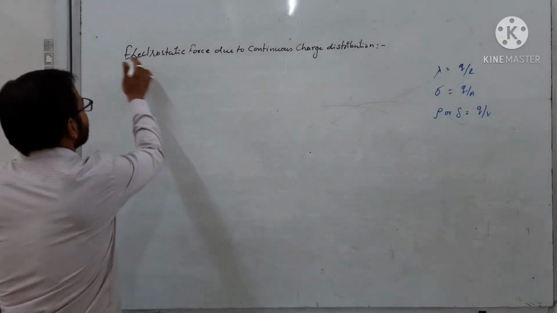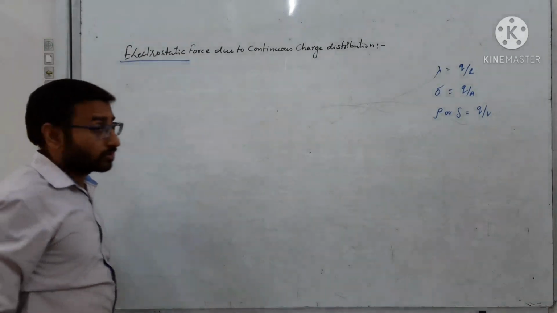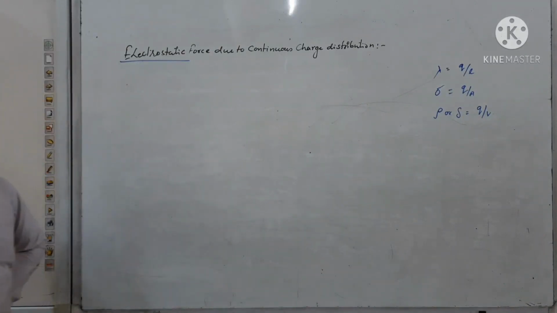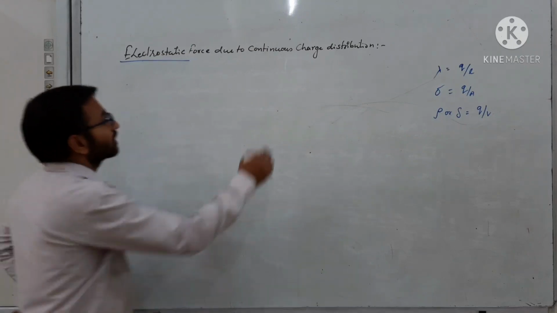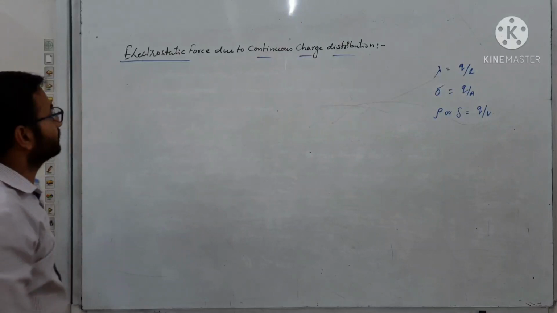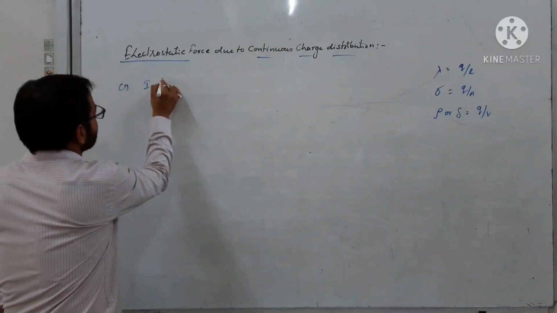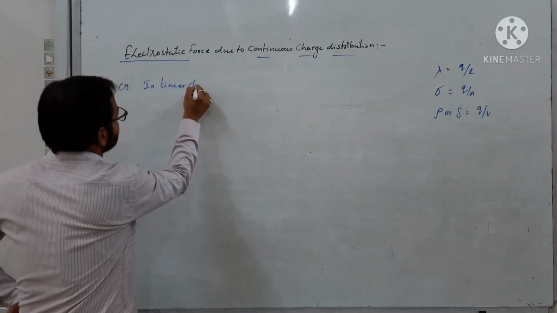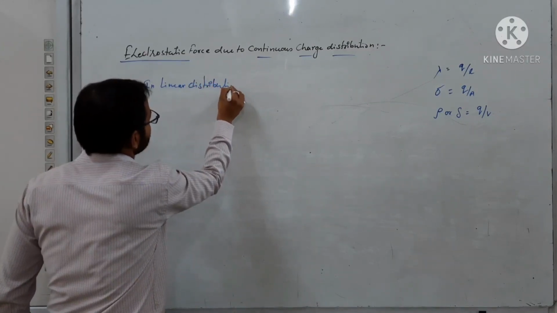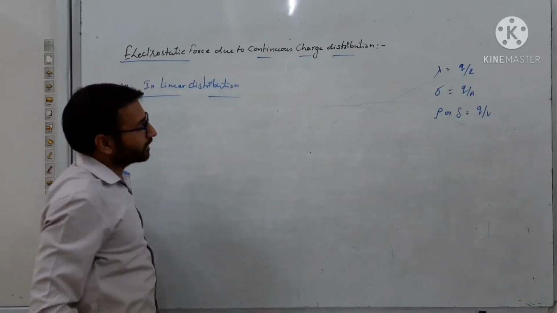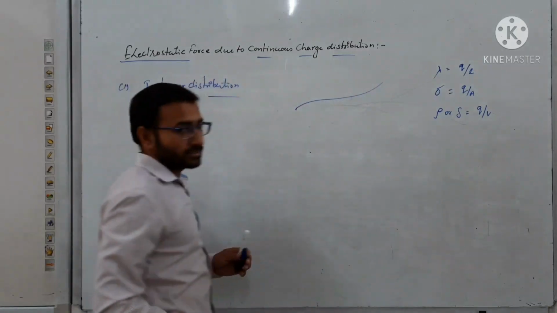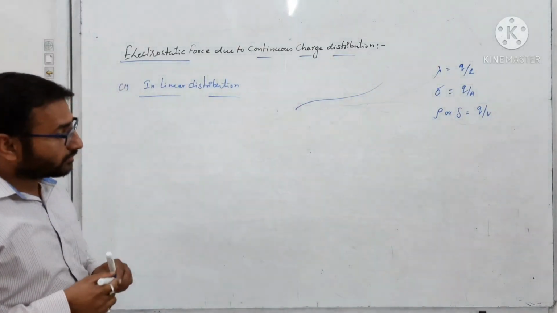After that, because the heading is electrostatic force, we will write the formula of electrostatic force in terms of continuous charge distribution in different cases. First, linear distribution. If we think about linear distribution of charge, the charge is distributed linearly, meaning a one dimensional distribution.